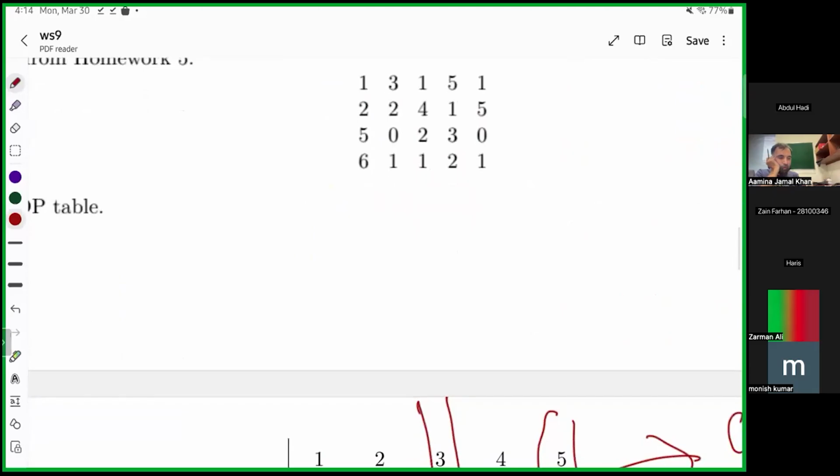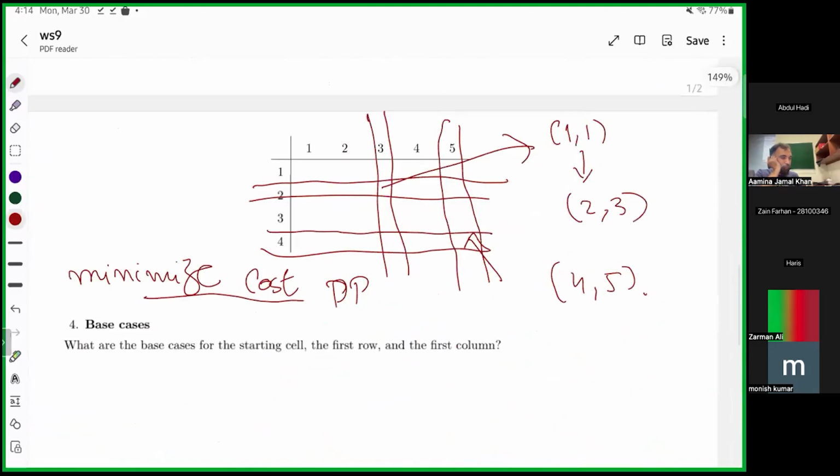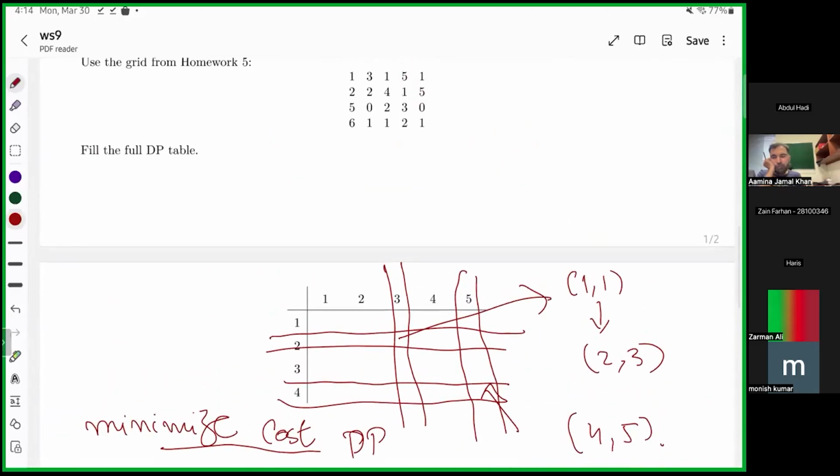Okay, thumbs up if you have partially filled up the table. At least partially filled up this table. Partially means more than one column or one row.